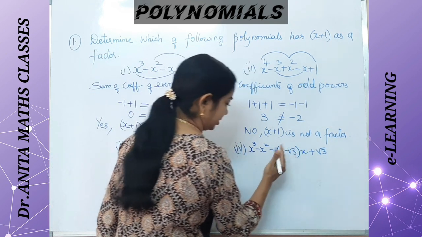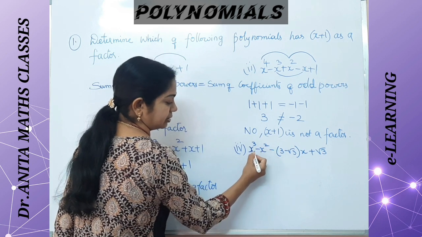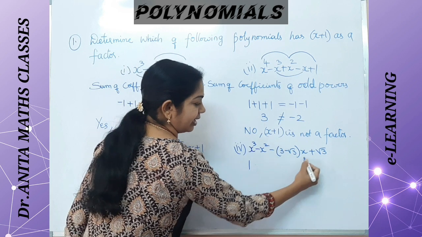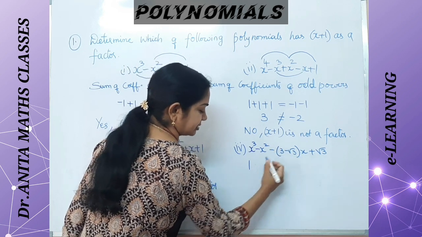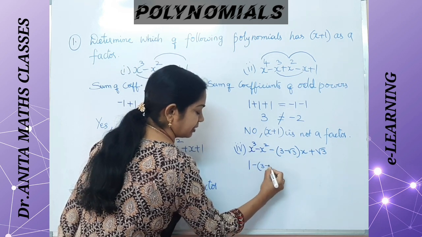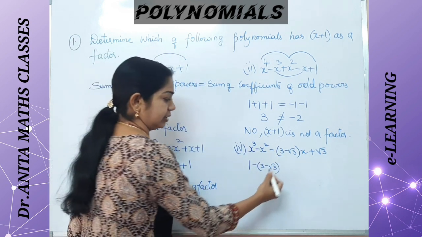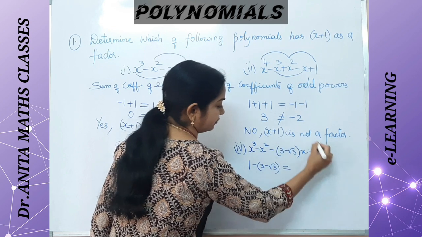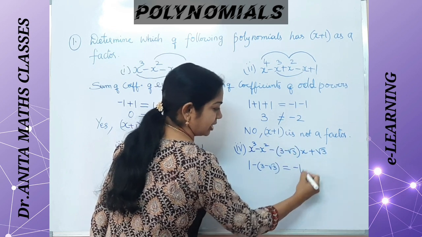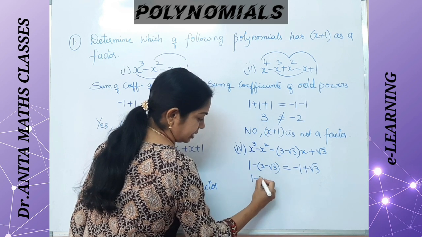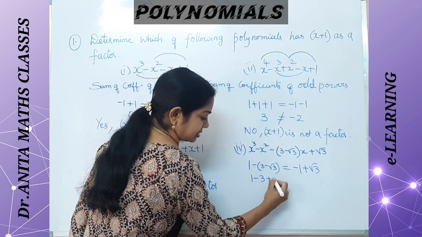Now let's see this one. This is a cubic function. Here we'll take the odd powers. Here this coefficient is 1. Here for x, the coefficient is the complete thing: minus of 3 minus root 3 is the complete coefficient along with the negative sign. Now if you take the even powers, see here, minus 1 and plus root 3. Now we'll open this, minus into minus, plus root 3.